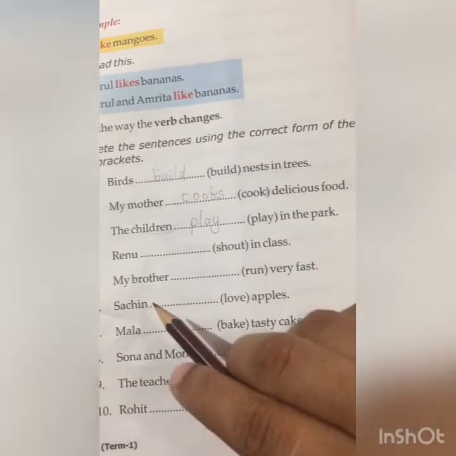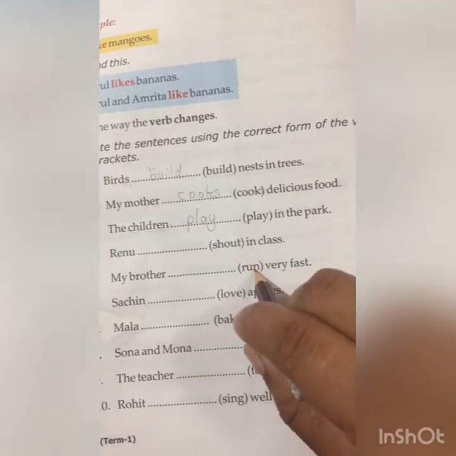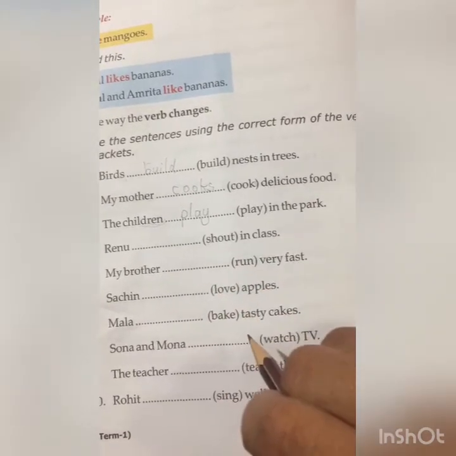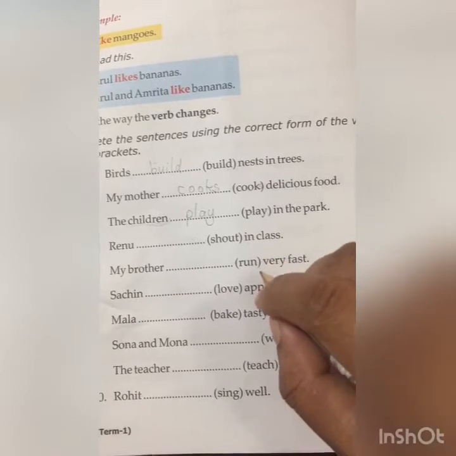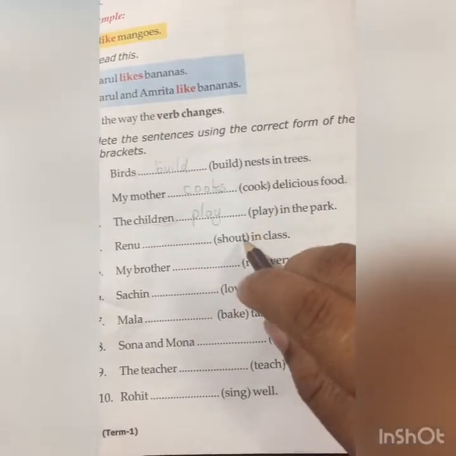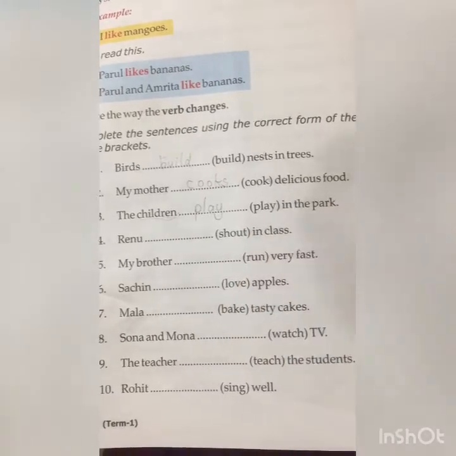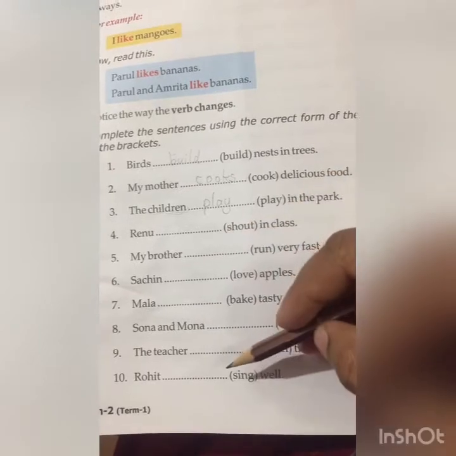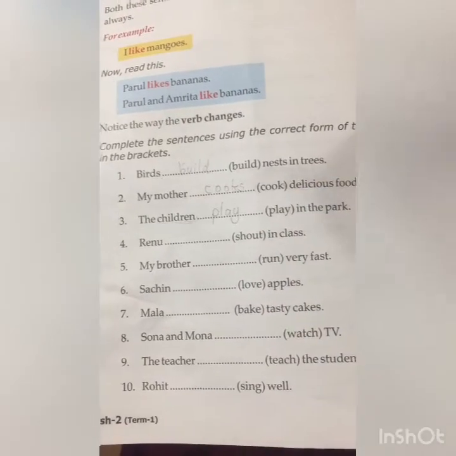If it is plural, you have to write the verb given in the bracket; you don't have to add an S. Now do the rest of the sentences by yourself and send it to me.